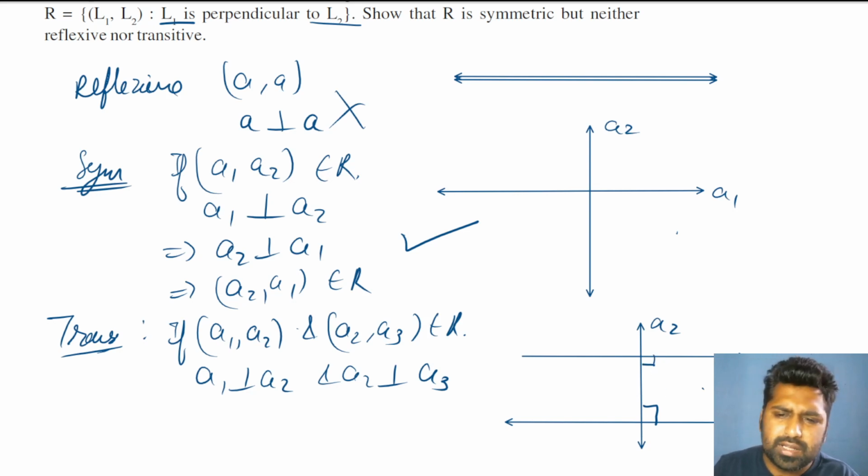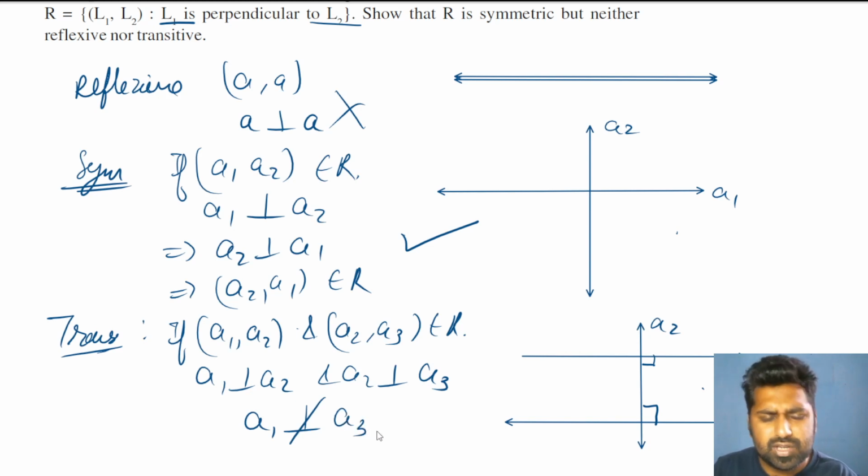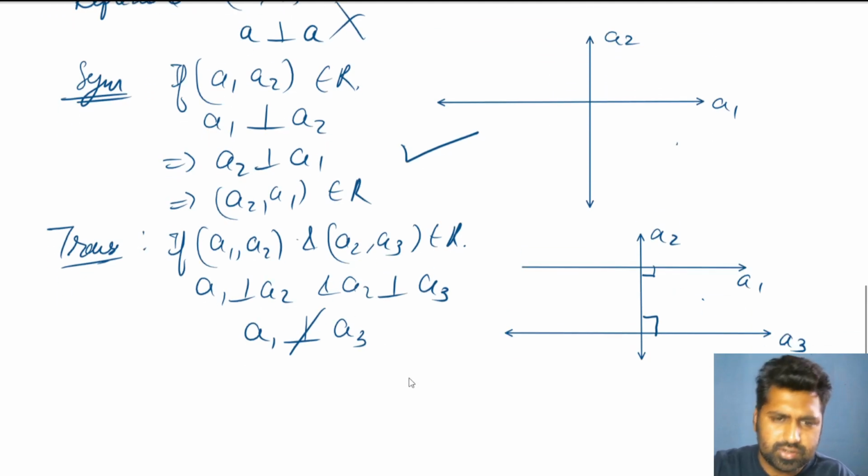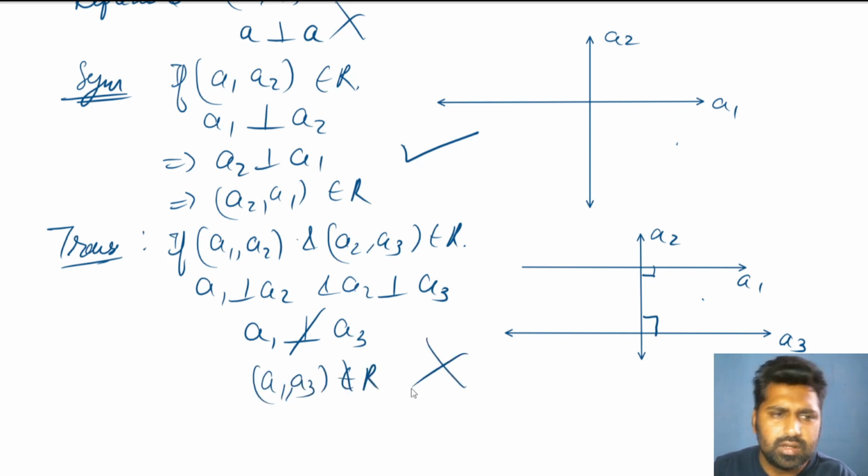What can you say about A1 and A3? A1 is not perpendicular to A3. In fact, it's parallel. So (A1, A3) does not satisfy this relation, does not belong to R. So not transitive.